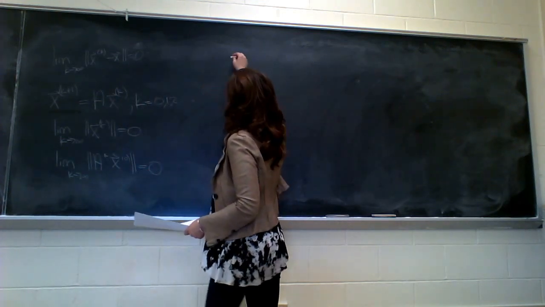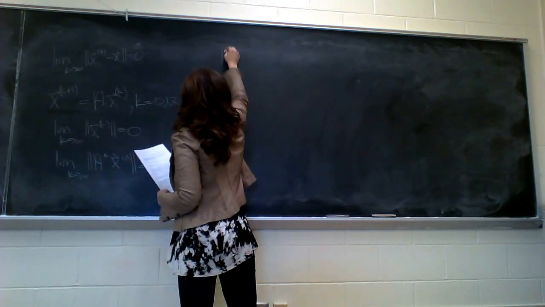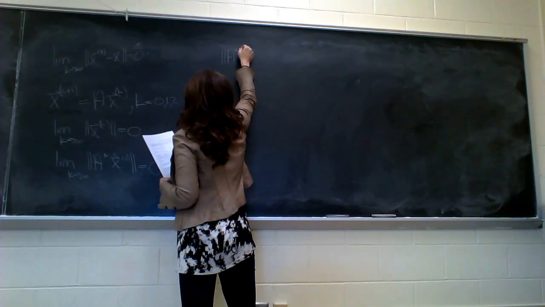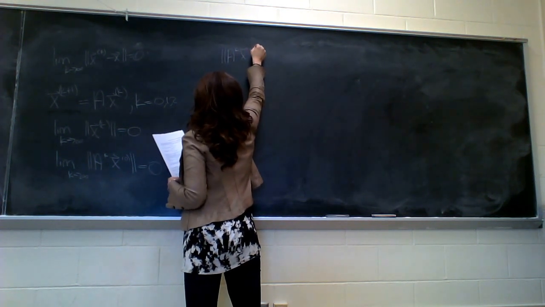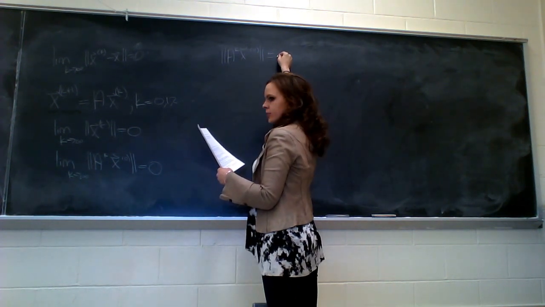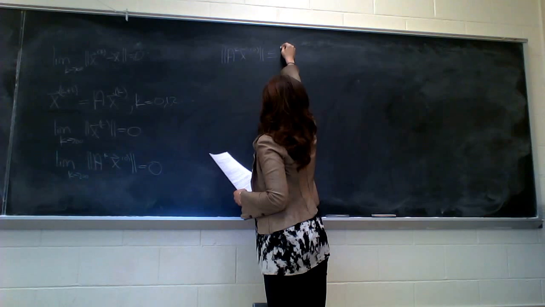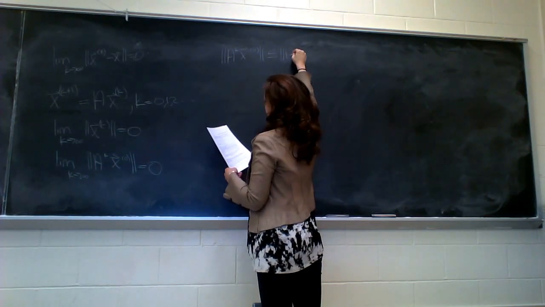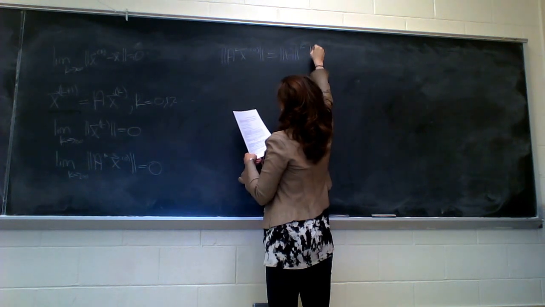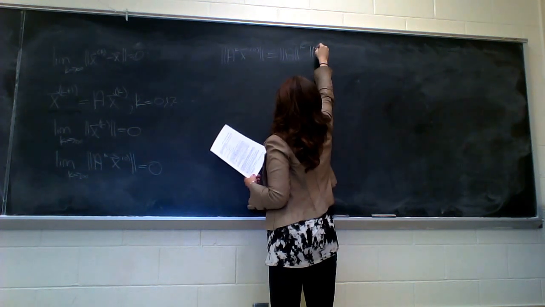Alright, so from here, if we use the submultiplicative property for matrix norms, then this is less than or equal to the norm of A to the k times the norm of x0.